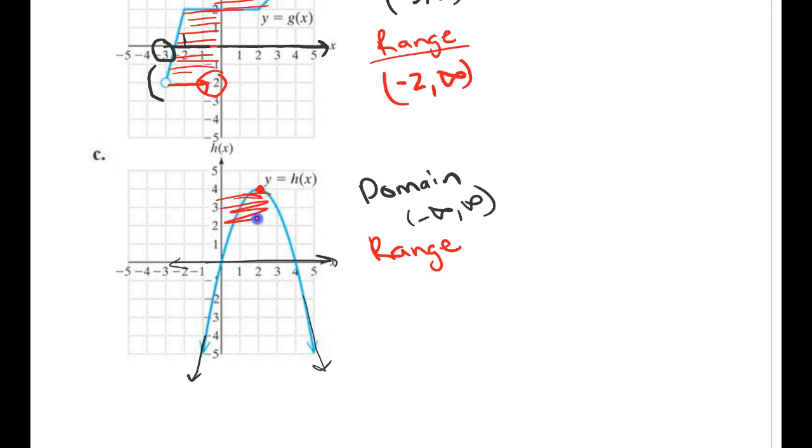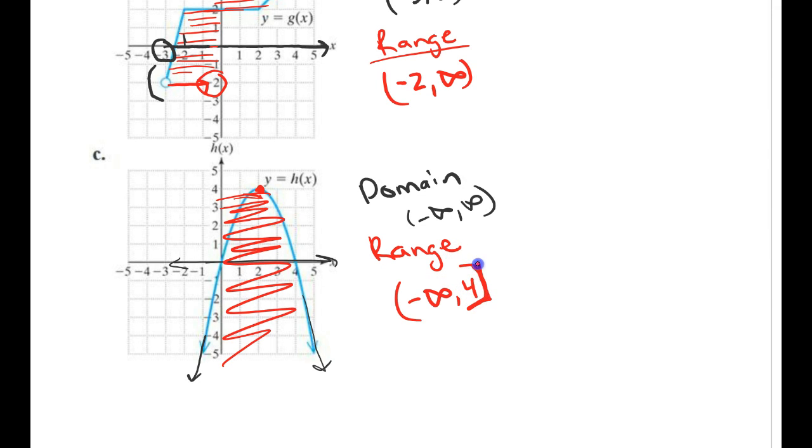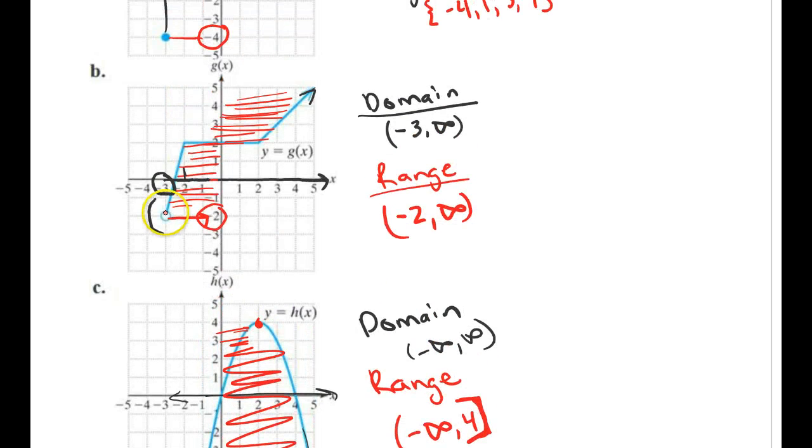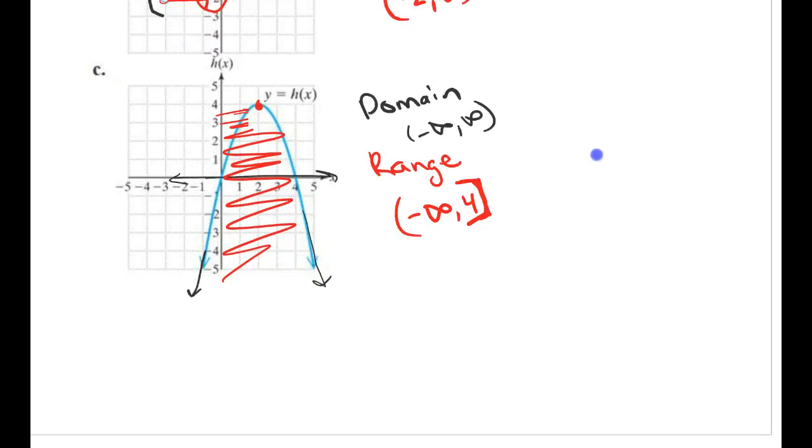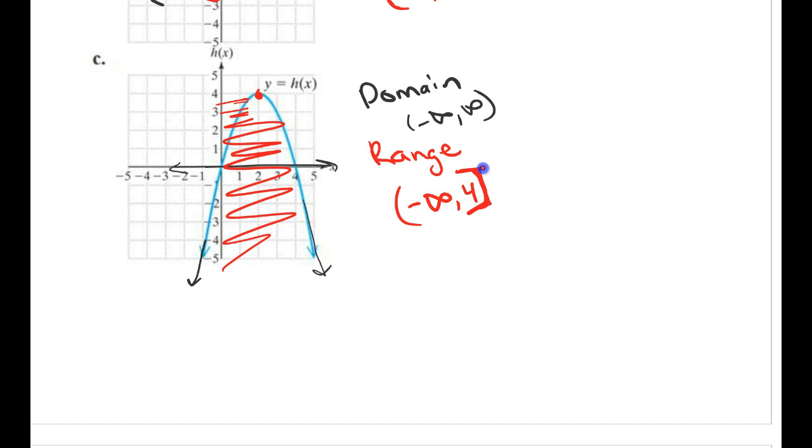All these outputs here, all the way to -infinity. So 4 to -infinity, and we actually write that -infinity to 4 here. And on the 4, I'm going to put a bracket because it includes it. It's a closed circle. And when we had above, we had this open circle, so that's why I used the parenthesis. So if it includes the point, I have a bracket.